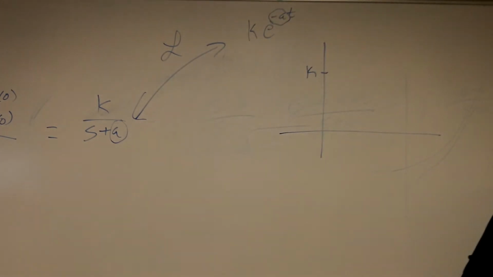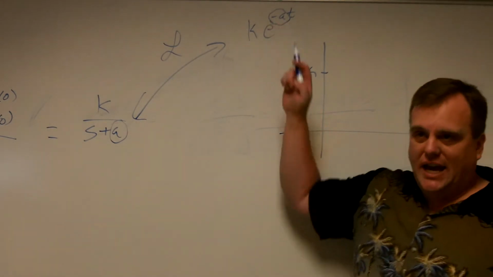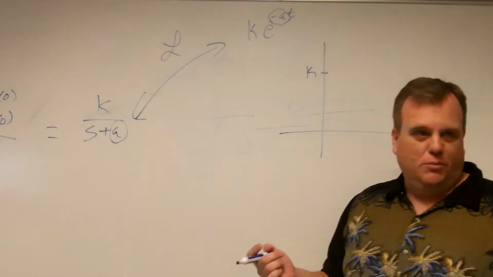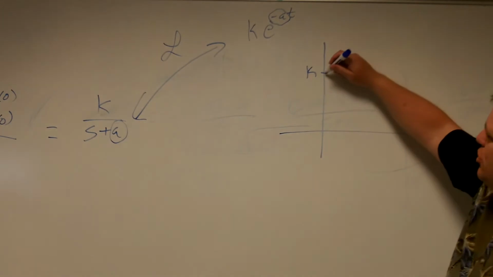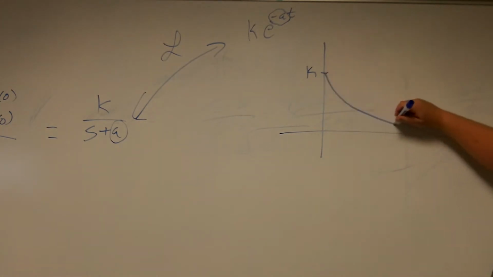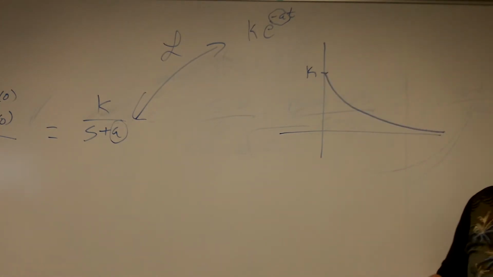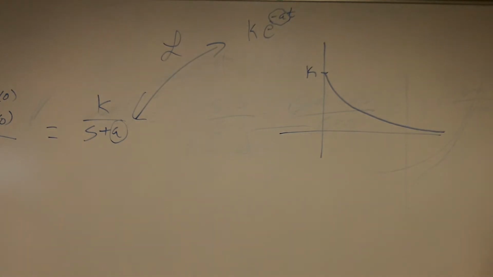So it starts at k, and then how's it going to behave for a greater than 0? Well, it's minus a, so it's going to be a decay. Right? And the minus a will determine how fast it decays. But the fact that it decays is not going to change.